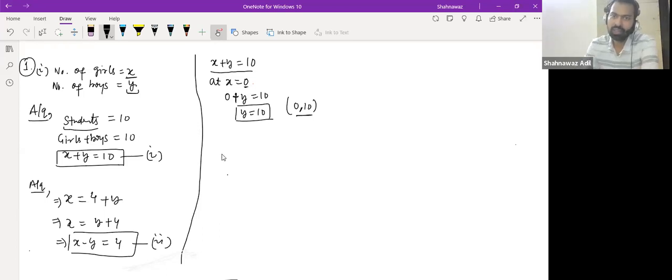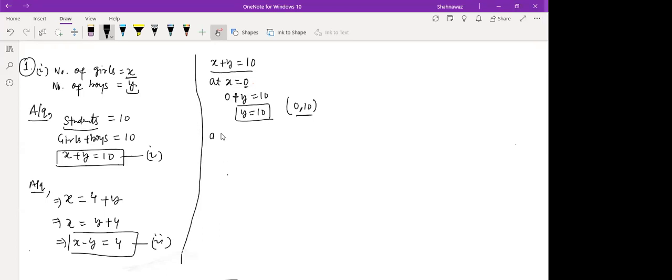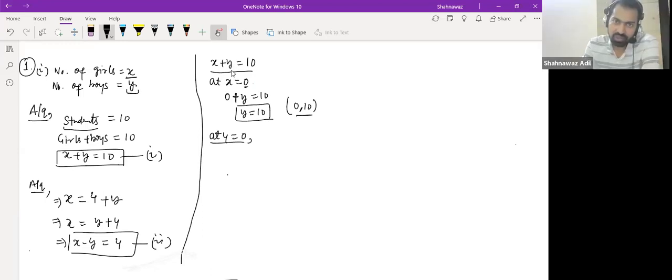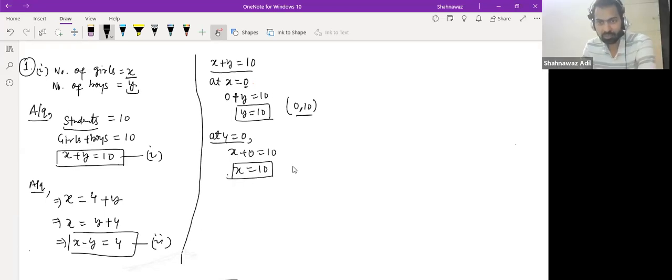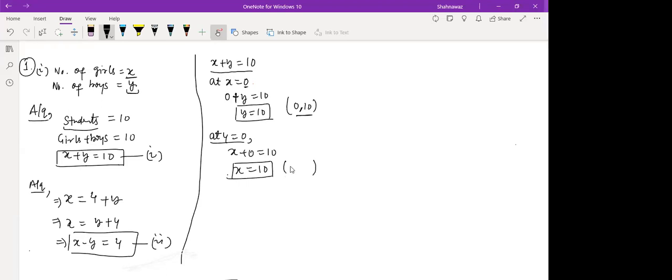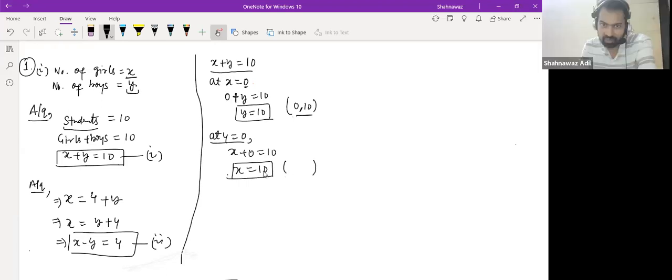Now at Y equals 0, X plus 0 is 10, so X is 10. How do we represent this point? Always X in the left and Y in the right.